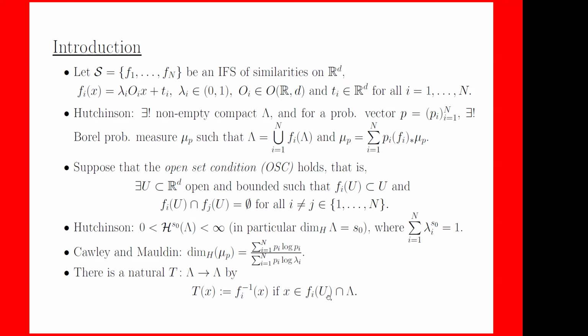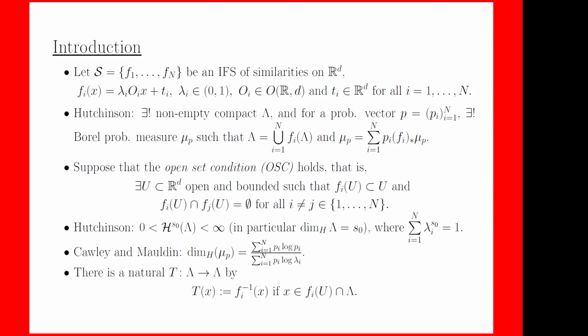If it belongs to only one of these F_i(Λ) sets, then apply the inverse of F_i. Otherwise, apply whichever function you like. It doesn't matter, because even with respect to this measure, the boundary cases, when there are multiple options to choose this function, have zero measure, so they are negligible with respect to these dynamics.